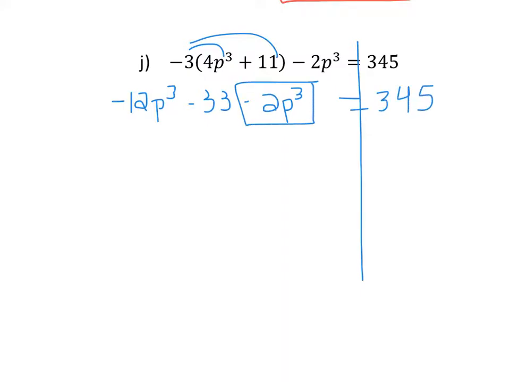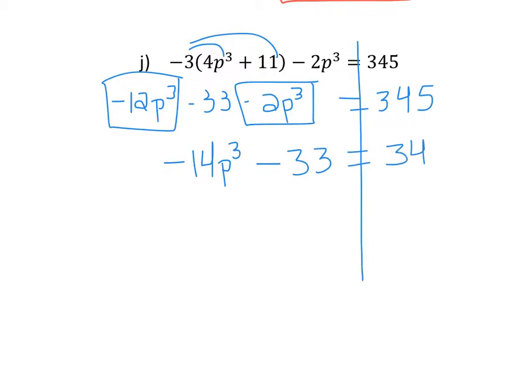I'm going to go right ahead and combine like terms. Negative 12 and negative 2 make negative 14, and the variable and exponent remain the same because I'm just combining. Bring down the minus 33 equals 345. Add 33 to both sides.